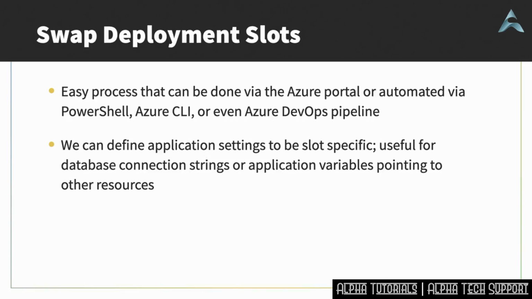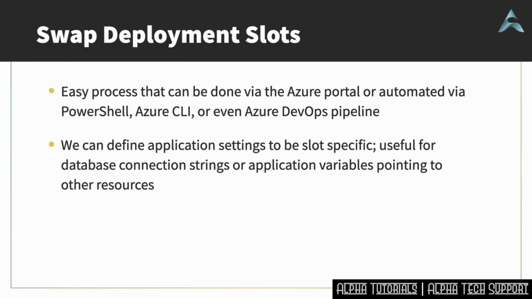But sometimes we have application settings that we really want to go with the slot. For example, you change the version of Node you're using, the production is using a previous version of Node, and when you do the swap, you need to send this as an application variable.